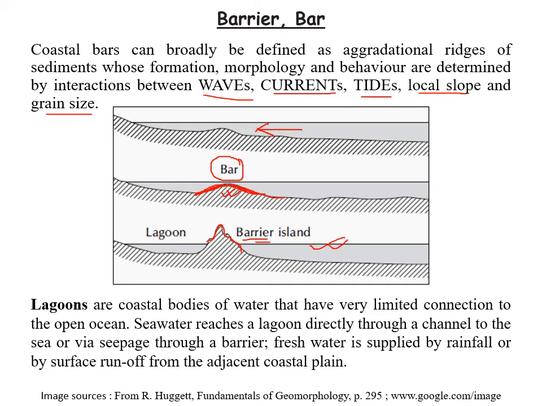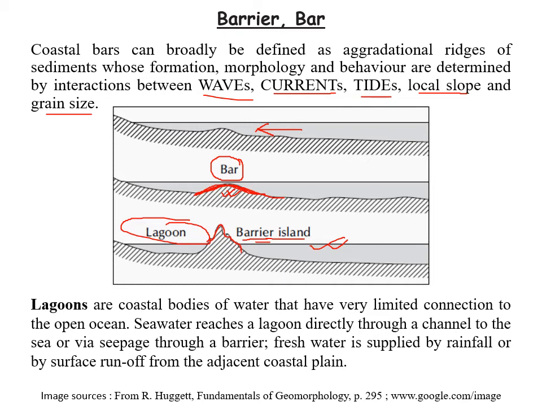So thereby, in the landward part of this restriction, which is known as a barrier, or often called a barrier island, a restricted water body forms, and the supply of water or sediment in this portion is very much restricted.